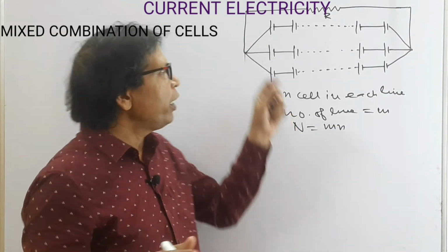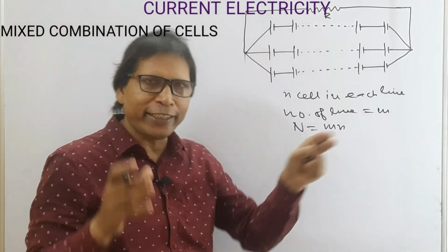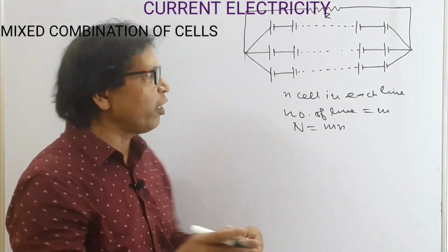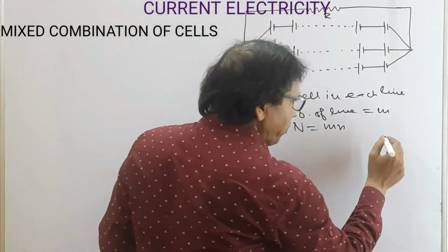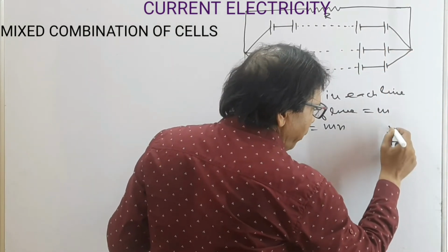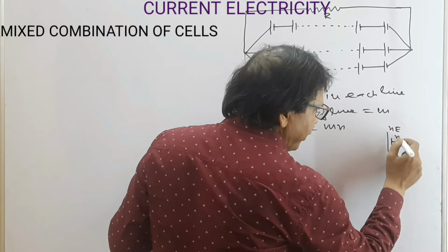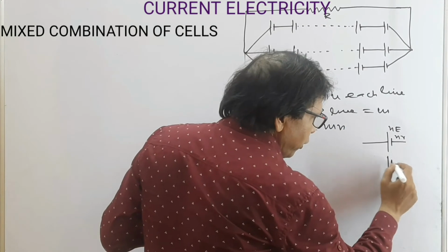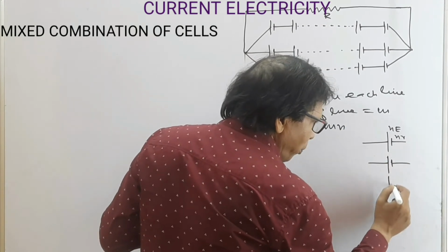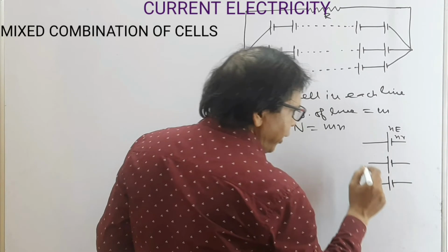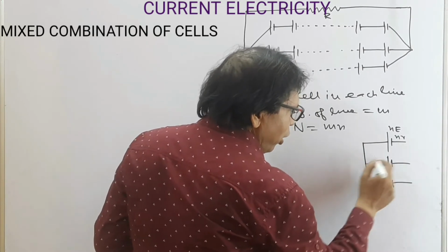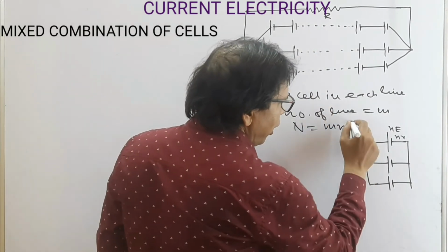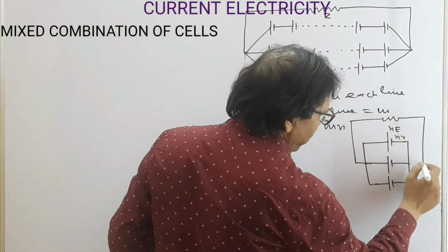Now the equivalent EMF in each line is nE and the equivalent internal resistance in each line is nr. So these cells will be replaced by a single cell of EMF nE and internal resistance nr. In the same way, this line is also replaced by a single cell of EMF nE and internal resistance nr.